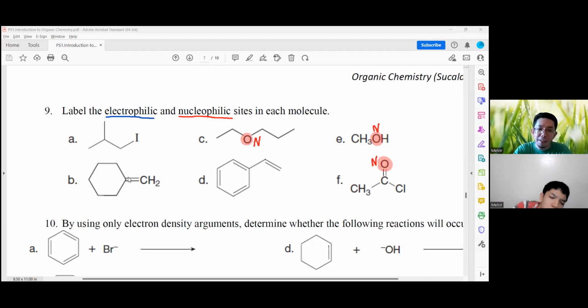Yan. So, nucleophilic site, electrophilic site.